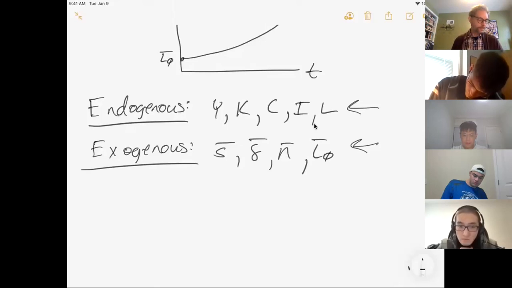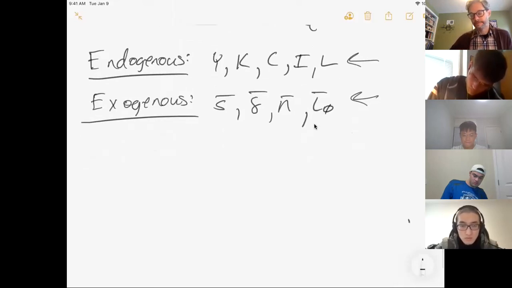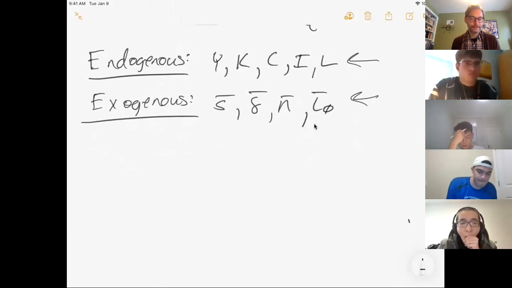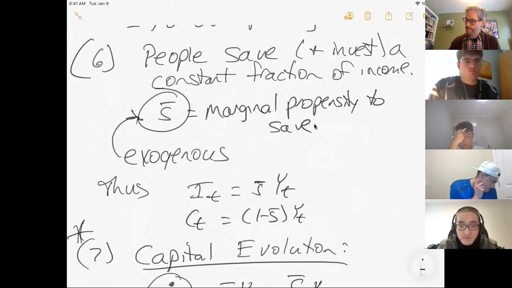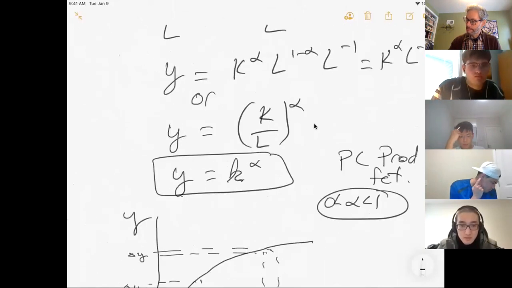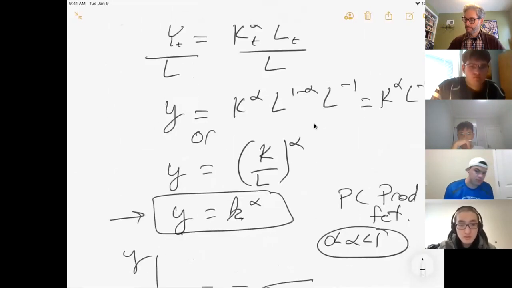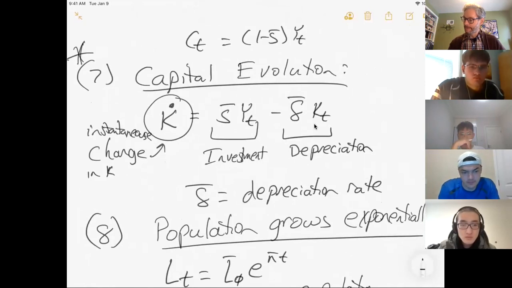All right, everyone with me so far? So before we can get into the intuition of the model and talk about what this model really has to say about our three big questions, why some countries are rich, some countries are poor, why countries grow at different rates, we need to back up and do something. We wrote our production function in per capita terms, but we did not write our capital evolution equation in per capita terms.